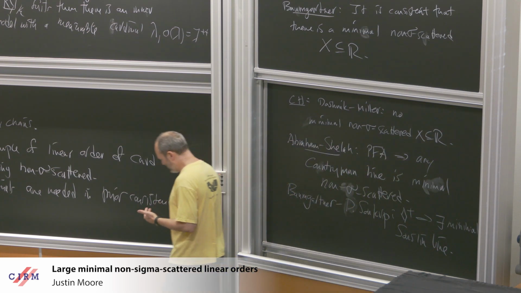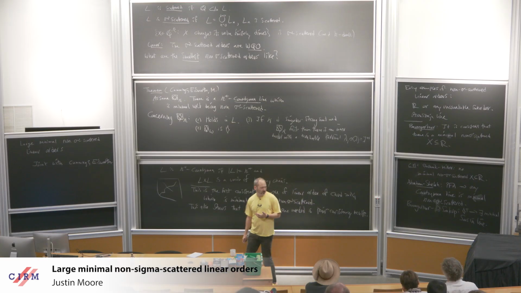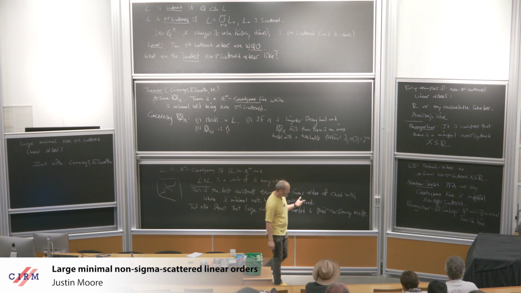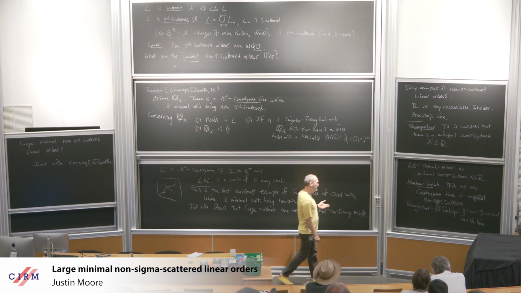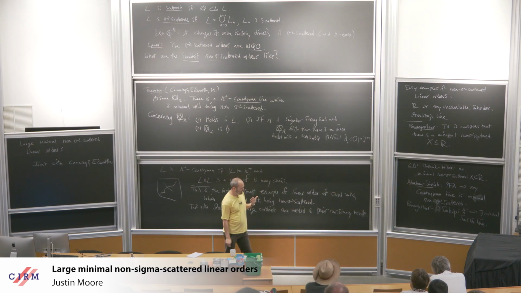To my knowledge, Daniel and Baumgartner maybe never met, but what happened here is Baumgartner had a proof of this, there was a mistake in the proof, and Daniel corrected the mistake. So the claim in Baumgartner's paper is correct, but there was some correction that had to be made to the proof.